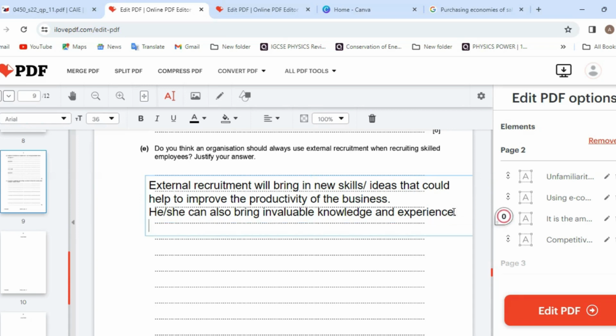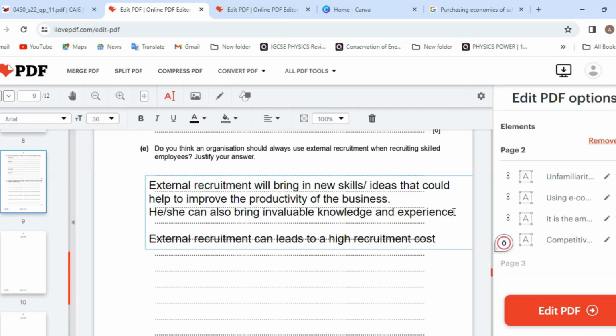Now, it will cost higher recruitment cost. That is one of the disadvantages. External recruitment can lead to a high recruitment cost.